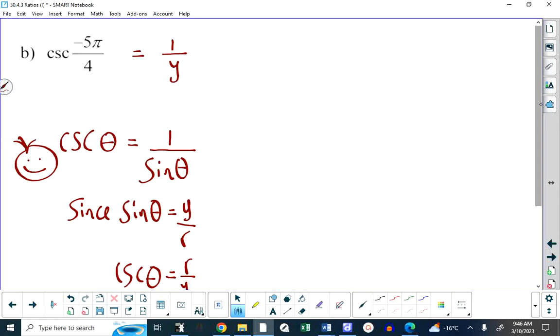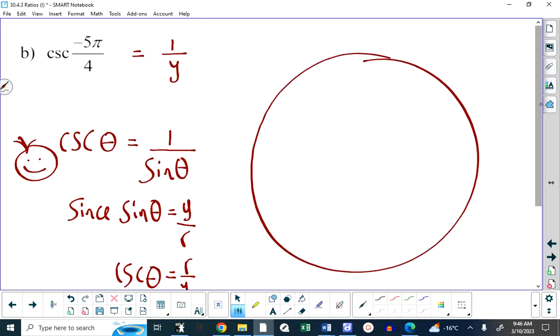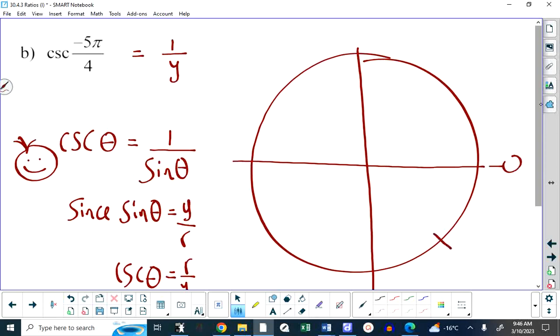So where is negative 5 pi over 4? Well, pi over 4 rather is a 45-degree chunk starting at 0. Here's negative 1, negative 2, negative 3, negative 4. Negative 5 pi over 4 is there. Ish. And we should know that the coordinates at that point are the 1 over root 2, 1 over root 2's.